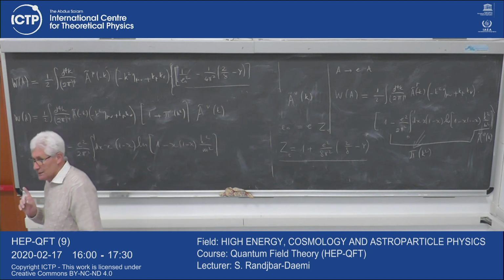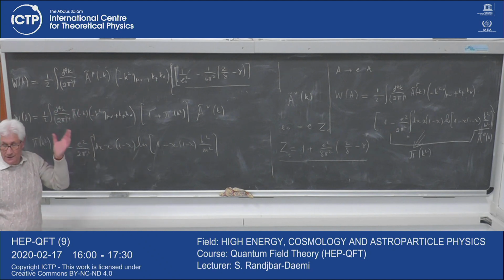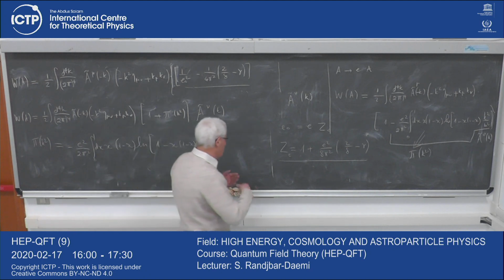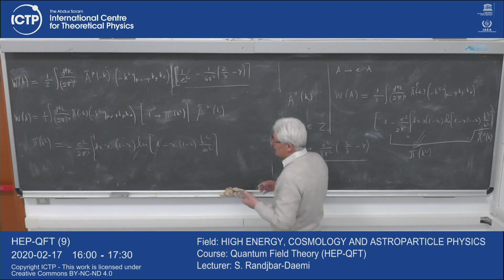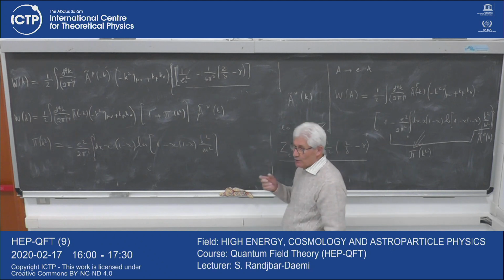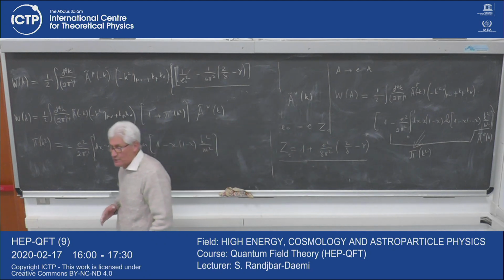Mind you, here I did not renormalize the wave function. I did not renormalize A, I renormalized the coupling. But you see that since the coupling enters in front of everything, at least intuitively, you should see that I could do the things differently, in the sense that I could absorb the infinity by renormalizing the wave function, which you can do only in gauge theories.